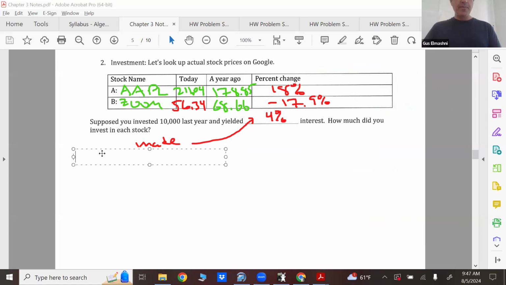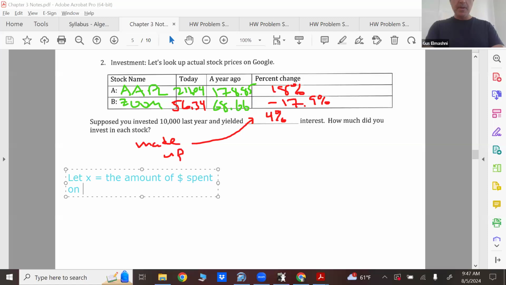So here's what you want to do. Let X equal the amount of money spent on Apple. Let Y equal the amount spent on Zoom.